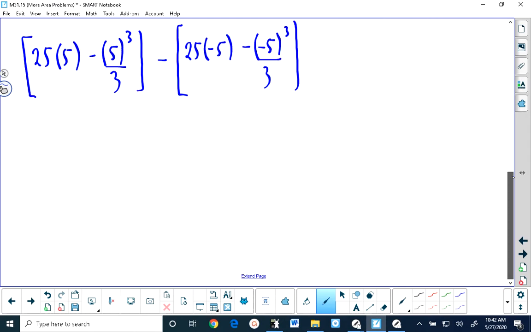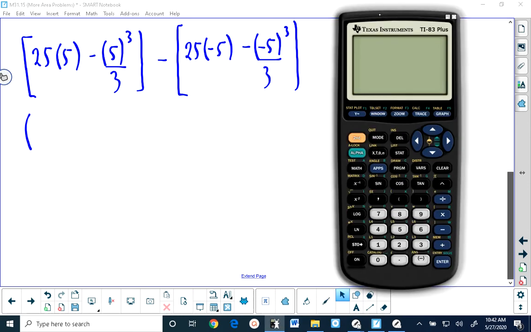Again, it's very easy to make a mistake here, so be very careful. My brain is feeling a little tired right now, so I'm going to use my calculator.